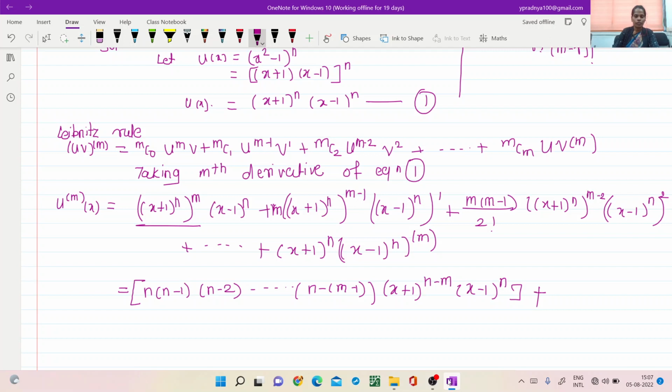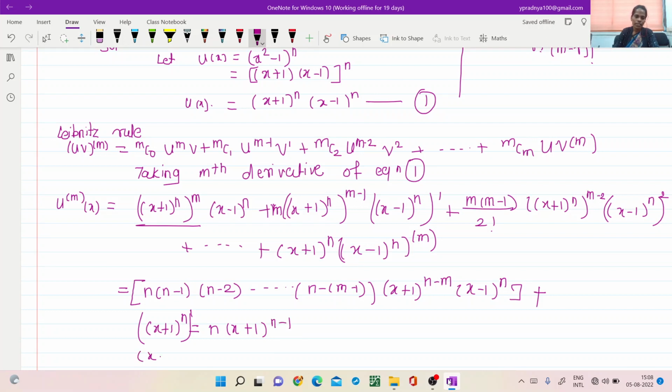We can find the mth derivative in this way: the first derivative of (x plus 1) raised to n will be n into (x plus 1) raised to (n minus 1).